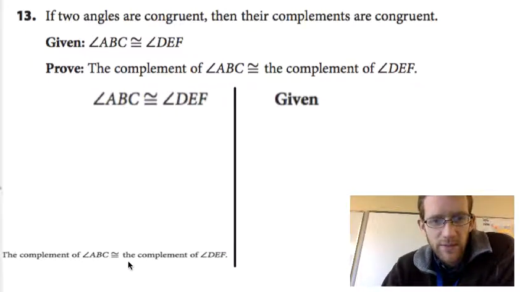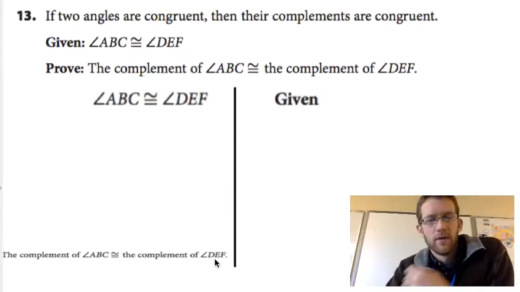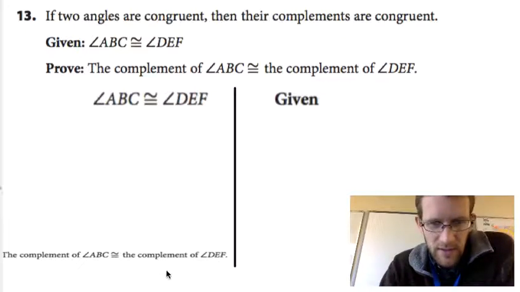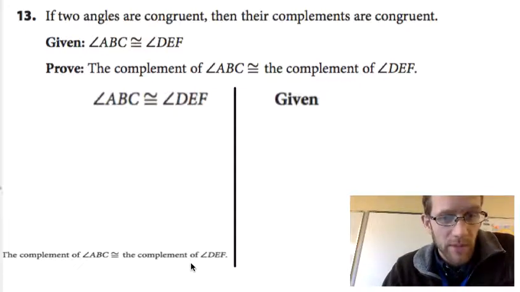Whenever we see something written out kind of like a sentence where it says the complement of angle DEF, we should think, does this little description contain one of our vocabulary words, right? In this case it does, it's the complement.